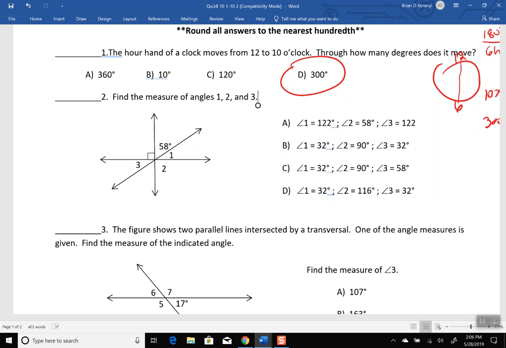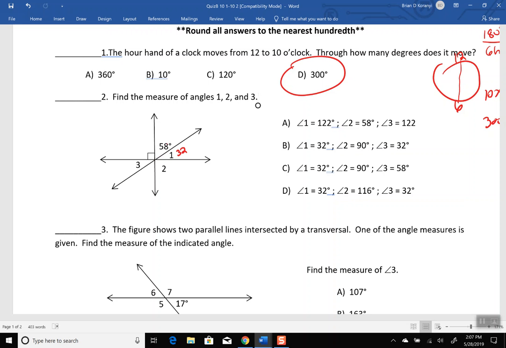I can also see that this is a 90 degree angle, then from here to here would be 180. So these two must be 90 degrees. And if this part's 58, then that means angle 1 would have to be 32 degrees. So 32 and 58 adds up to 90.